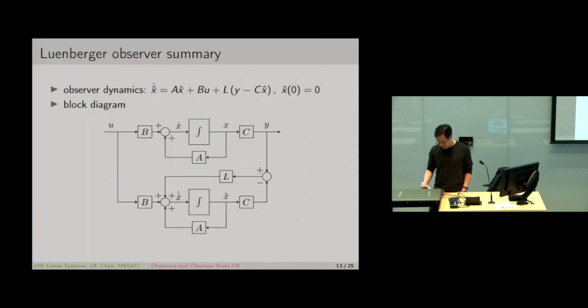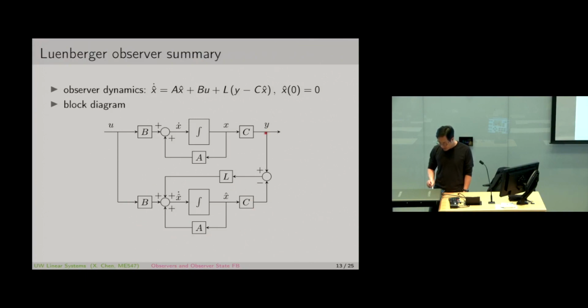The implementation in block diagram is as follows. I'm just writing the state equation in a little bit more detail. This is the system equation. And then we have a copy of the system equation.